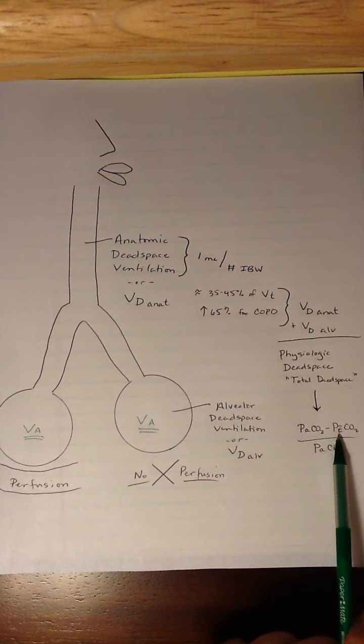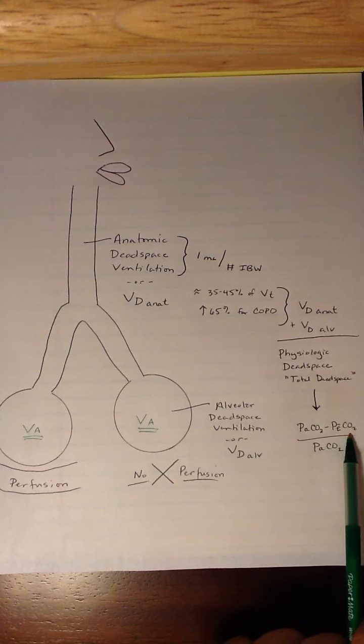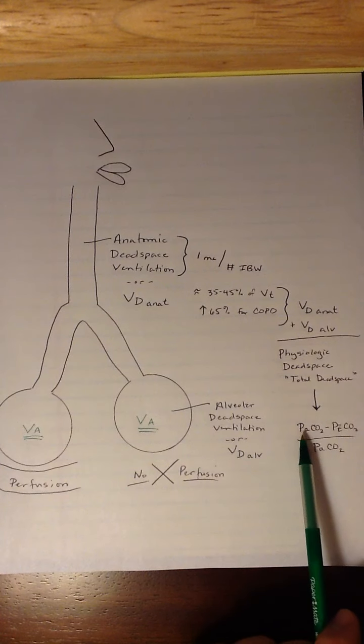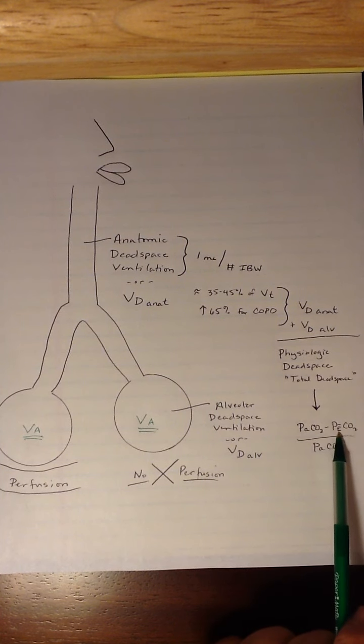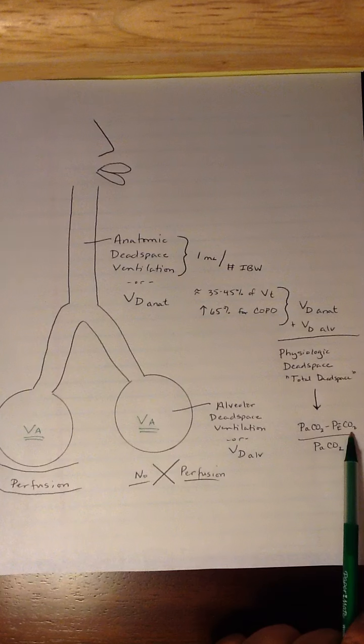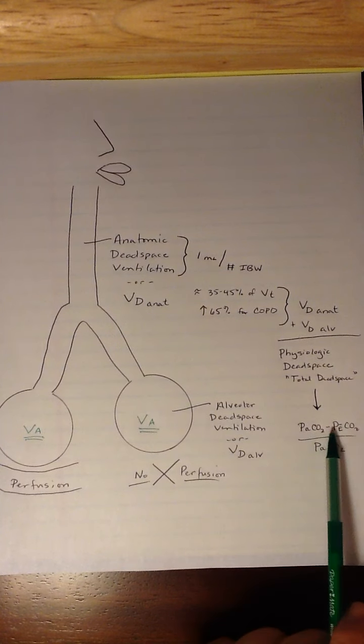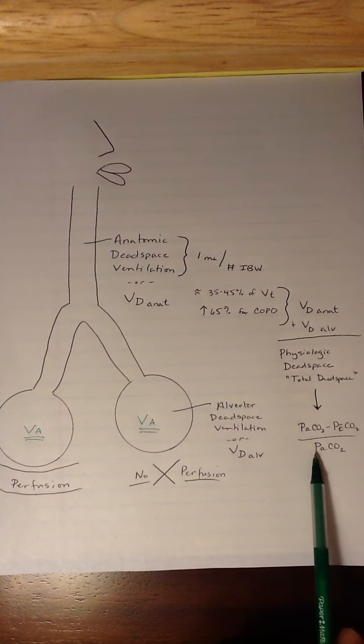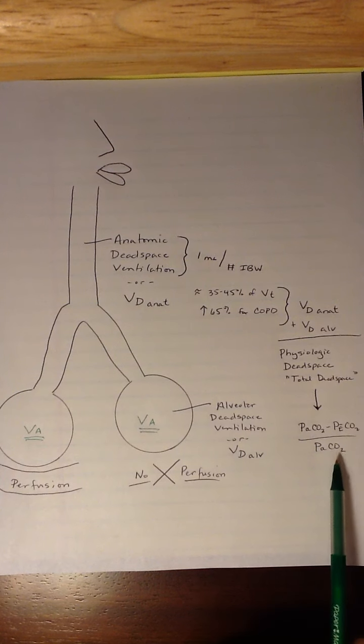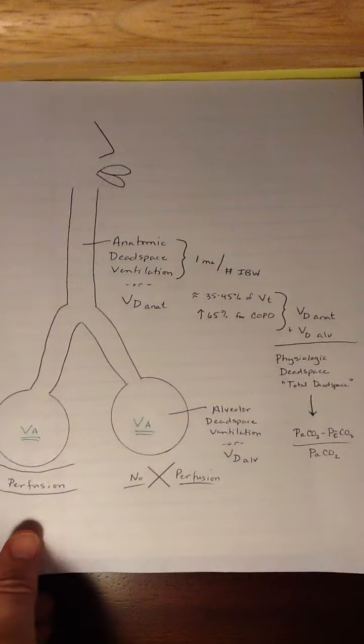Now E has a line over it, E being exhaled CO2, and it's the mean, so we're actually using capnometry here. So PaCO2 from a blood gas, the PeCO2 from capnometry, and we'll take that difference and place it back over the PaCO2 again to determine the actual amount of dead space ventilation that's taking place.